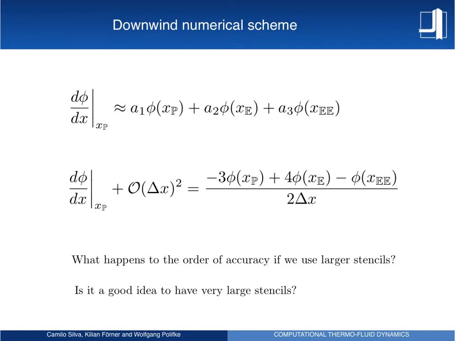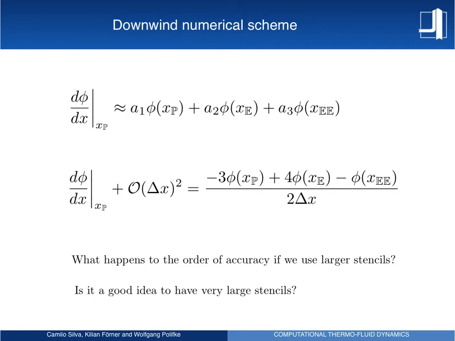So perhaps then you will ask, yeah, finite difference is very appropriate to derive numerical schemes of any order. So if we have the opportunity to have 10th order of accuracy, 12th order of accuracy, why don't we do it? Maybe to be more exact.